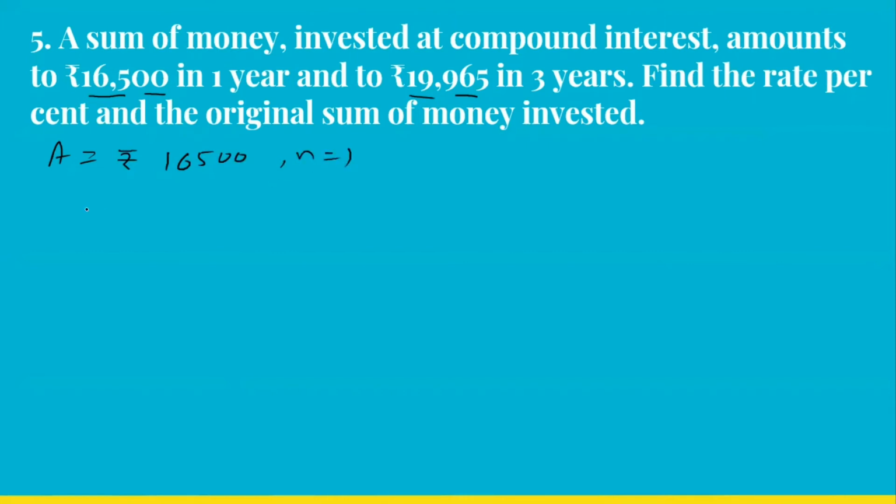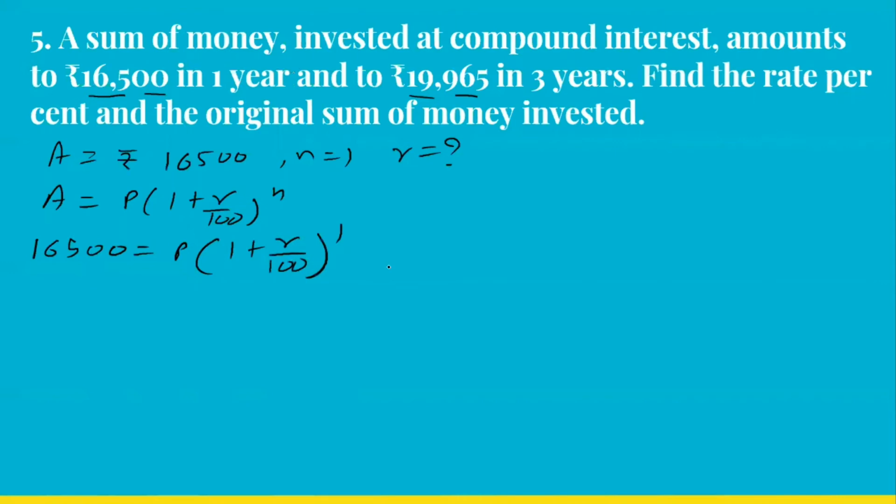So A is equal to P in bracket 1 plus R upon 100 raised to n. So we get 16,500 is equal to P in bracket 1 plus R upon 100 raised to 1, where the rate percent is what we have to calculate. Let this be our equation number 1.